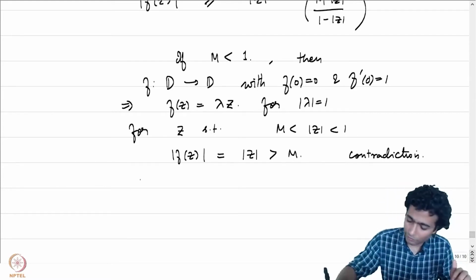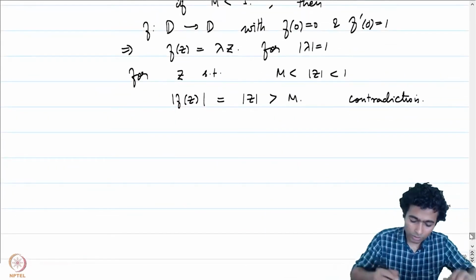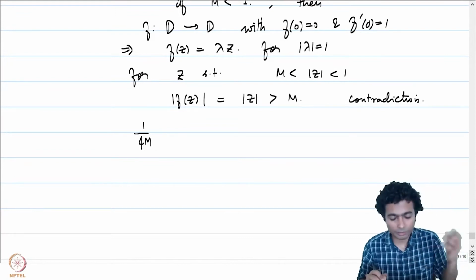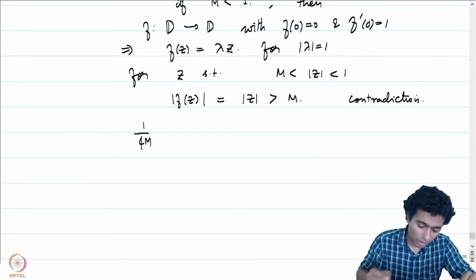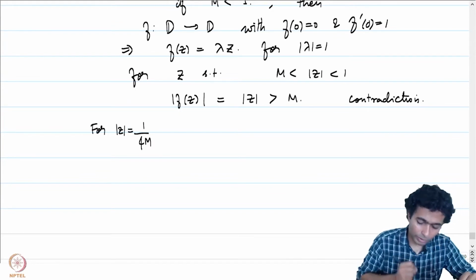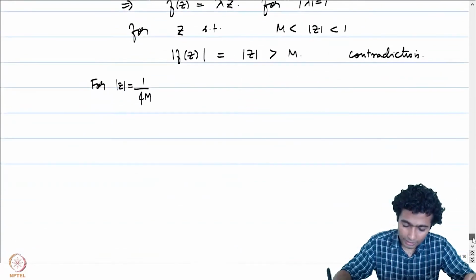That's an observation that we should keep in mind, because now if we consider 1 by 4m, that's a number between 0 and 1, and if you consider mod z equal to 1 by 4m, let's see what happens here. What will happen to the right hand side?